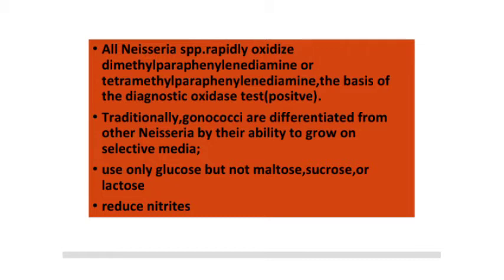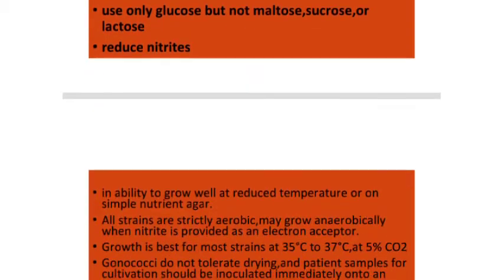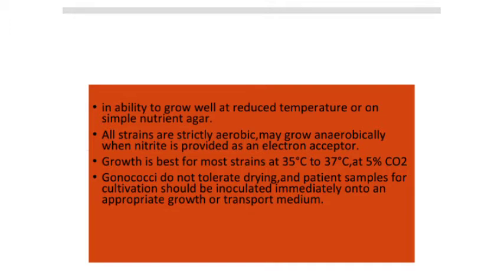Organisms, when they grow in a media, do reduce nitrates, because nitrates act as an electron acceptor for these organisms. These organisms have an inability to grow at reduced temperatures, and also they are unable to grow in just simple nutrient agar.